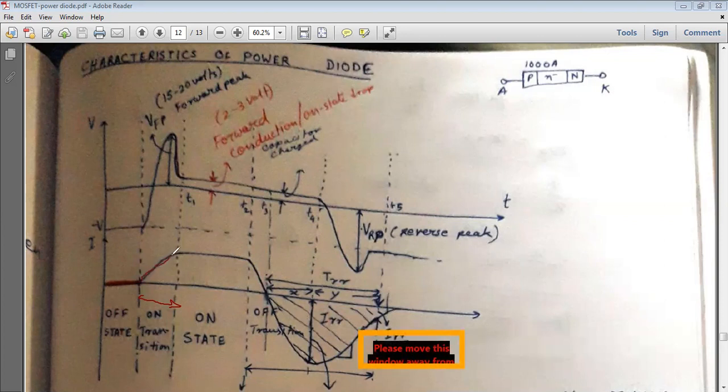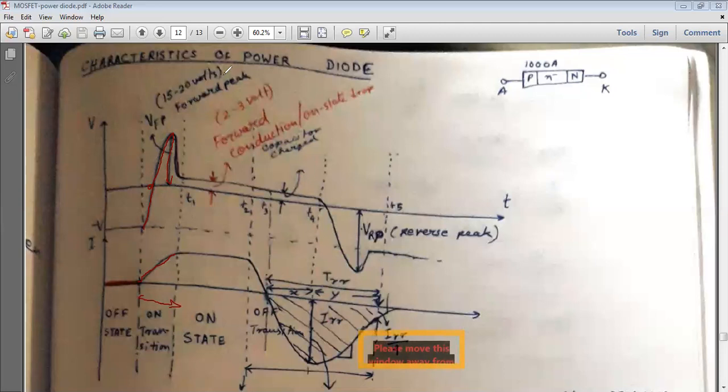Here current is rising and voltage is rising, from minus it comes to 0, then again it comes to a peak value. This peak value is known as the forward peak, which is about 15 to 20 millivolts.